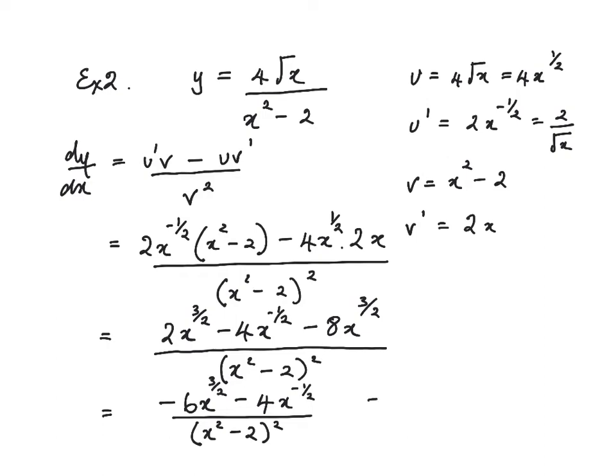What I could do here is take out minus 2, x to the power of minus 1/2 from the top line, and that would give me 3x squared plus 2 on the top and x squared minus 2 all squared on the bottom.